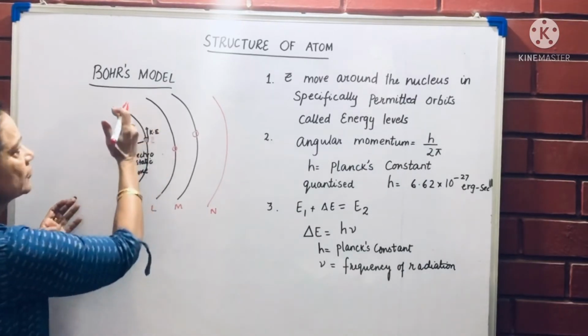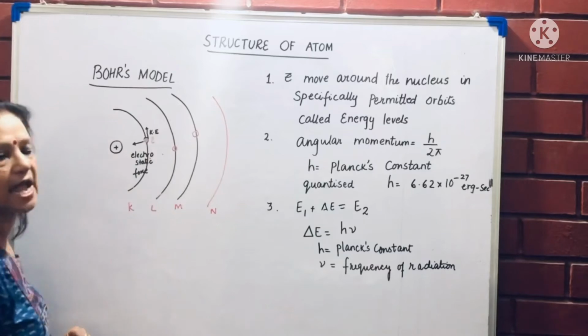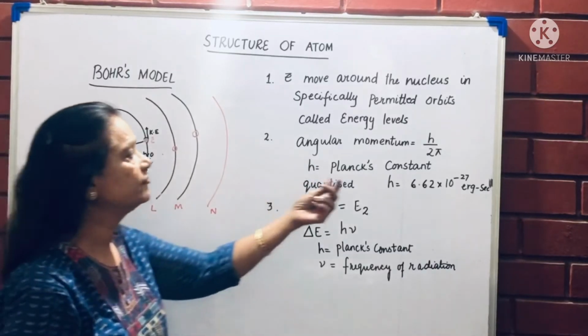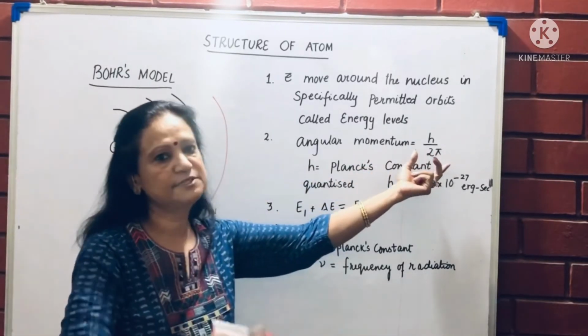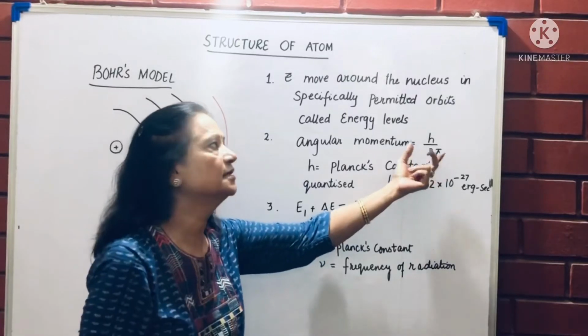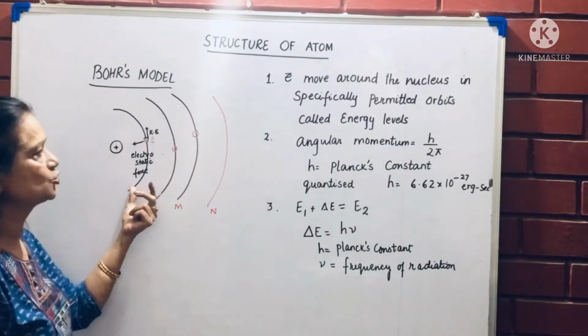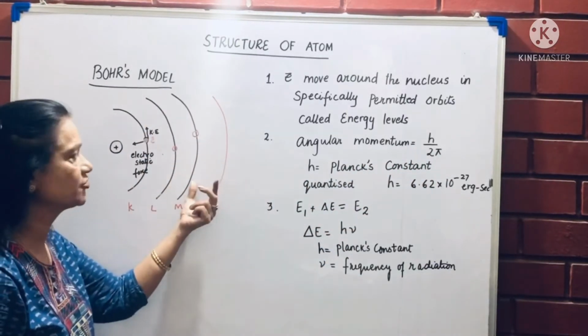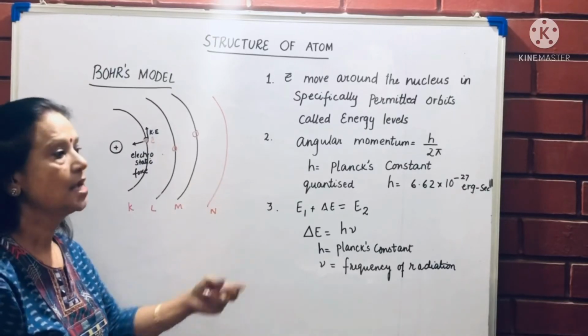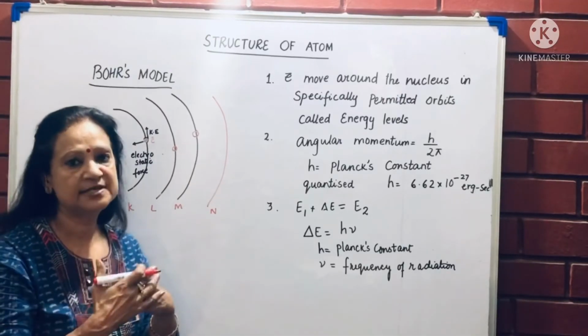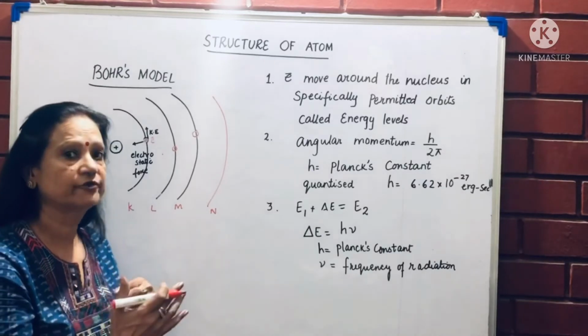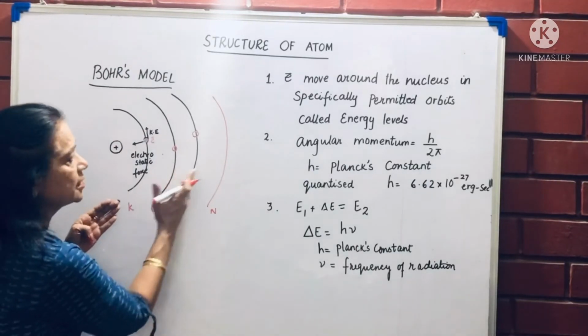While it is moving, it has an angular momentum, which is quantized. Quantized means the quantity is fixed: in the first shell it will be h by 2 pi, then 2h by 2 pi, 3h by 2 pi and so on. Like if I have one pencil, I cannot have 1.5, so it cannot be right in between.